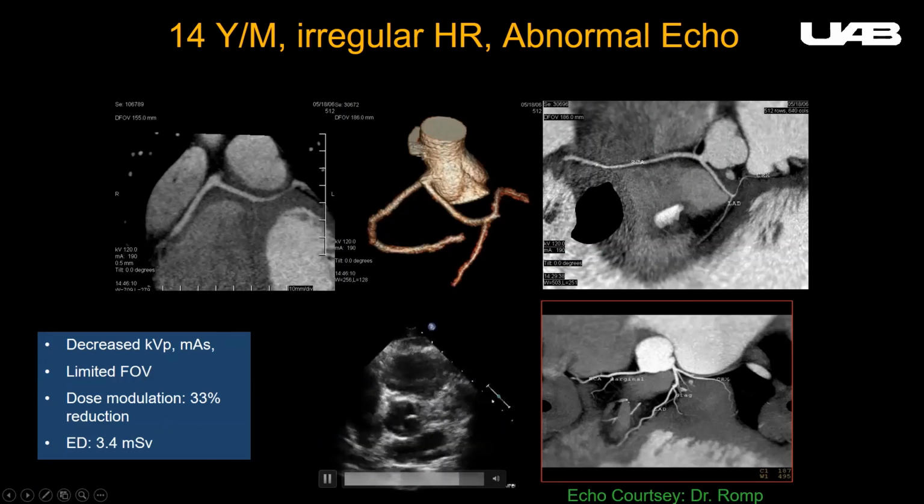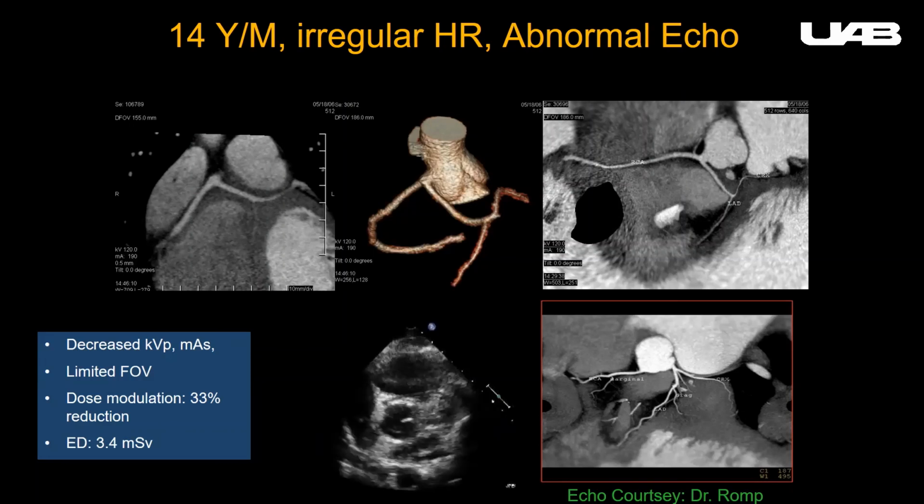For that reason, we did a limited CT. Since he was a young kid, we only did part of the heart, just the proximal course, because that's the only reason we wanted to do it.